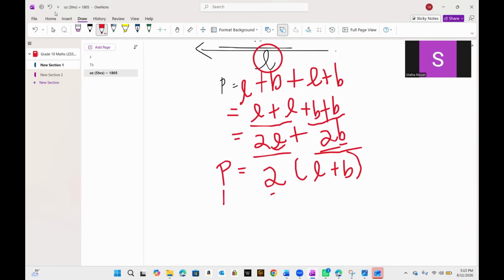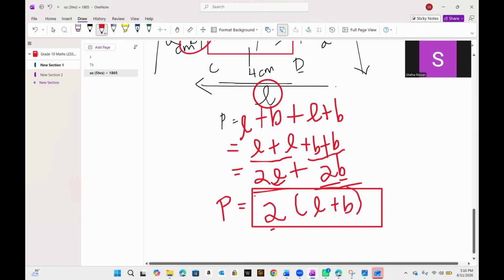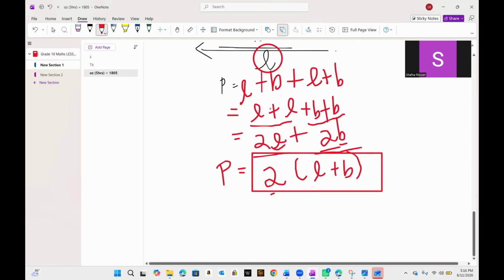It is 2(L plus B) within the brackets. 2(L + B). This is the formula which you all have to use when it comes to the perimeter of a rectangle.